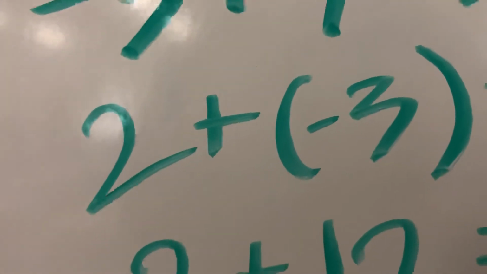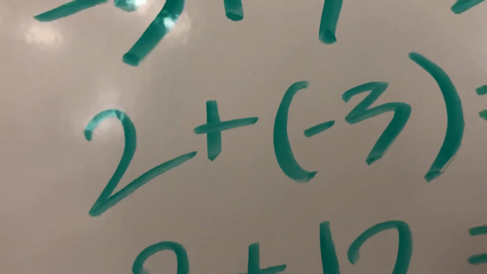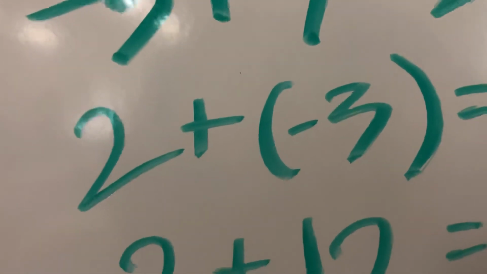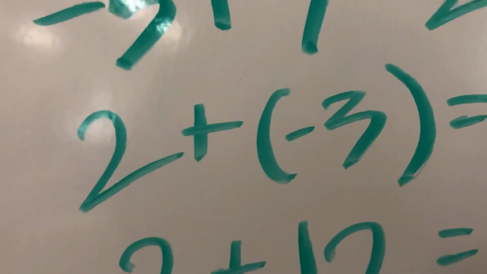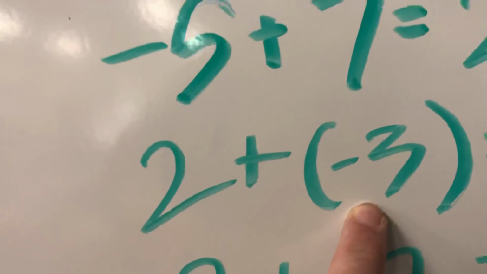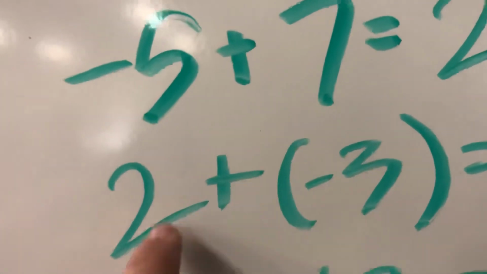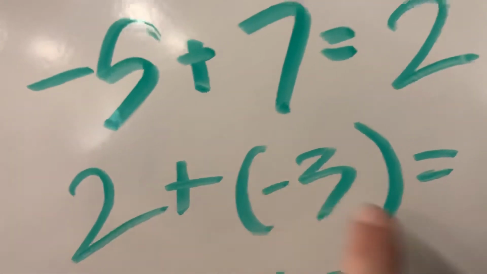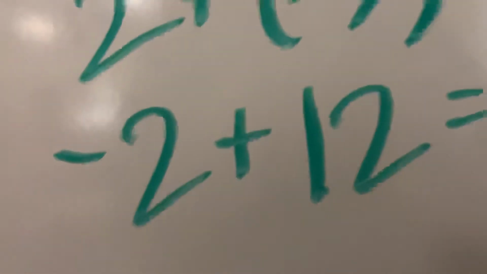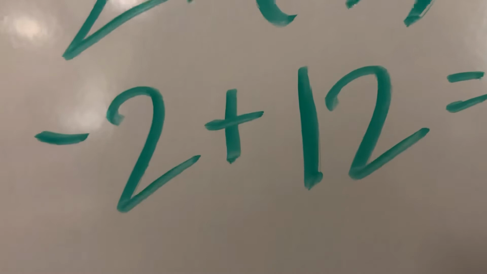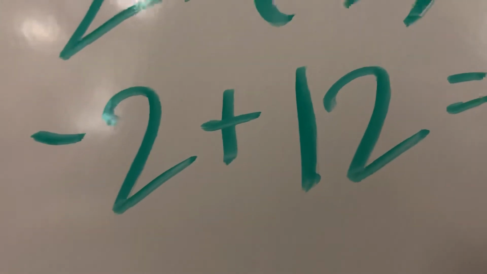Our next example, we have a positive 2 plus a negative 3. Because we have different signs, we're going to find the difference between those two, which is 1. And because our negative 3 has a higher absolute value than positive 2, it's going to be a negative number, so our answer will be negative 1. Next example, different signs. We need to find the difference between these two.